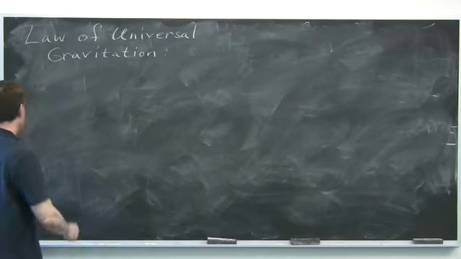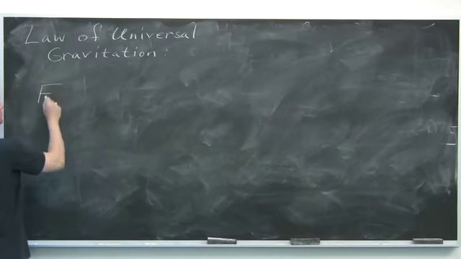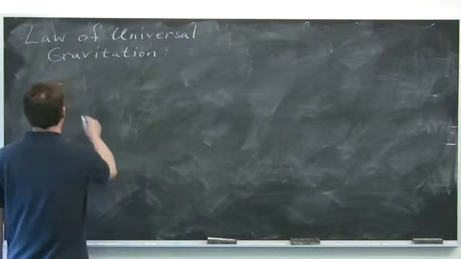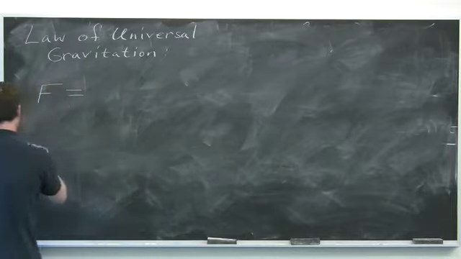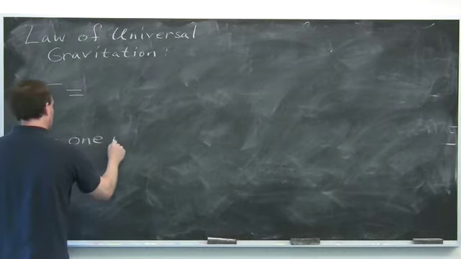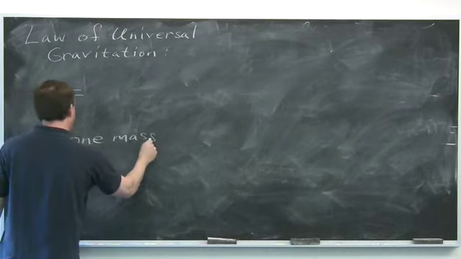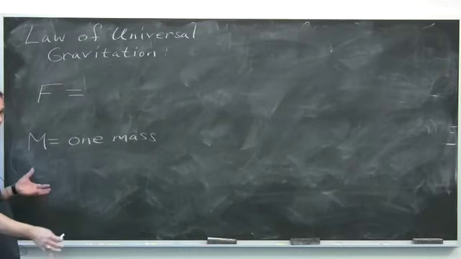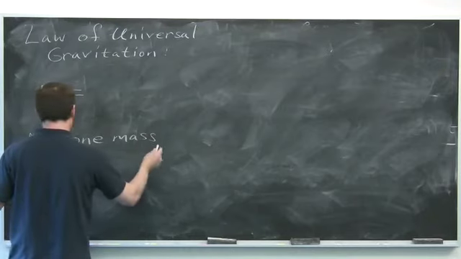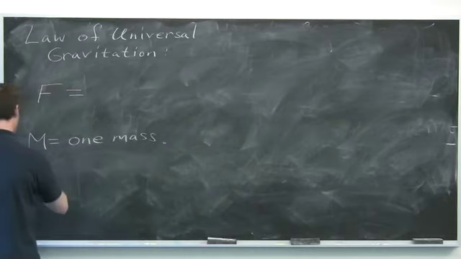And what this says is the force, the gravitational force exerted by one mass on another. So we've got, this is one mass, and use a capital M because you're thinking of it as the big mass, like a planet or something. It doesn't have to be, it's just the mass of one of the things you're talking about.